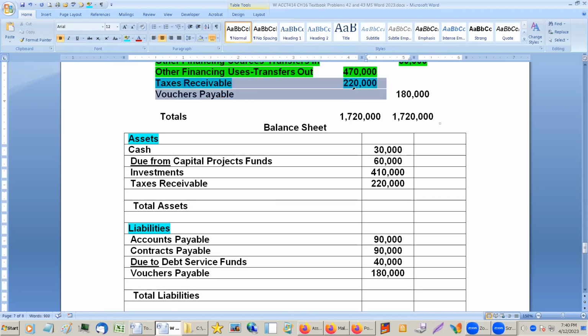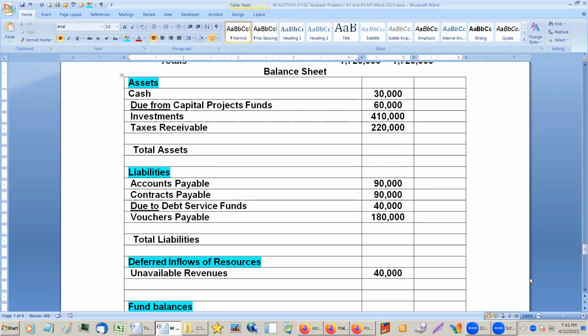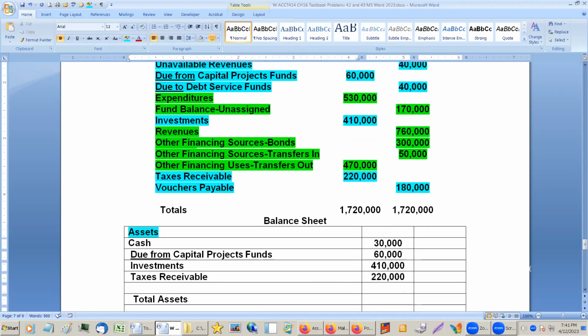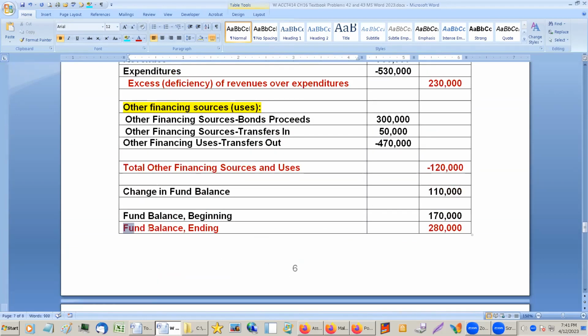Now, there actually is one more thing we need. We need the fund balance. Now, remember though, the fund balance, we take the ending fund balance, so this will be the 280 from up here.